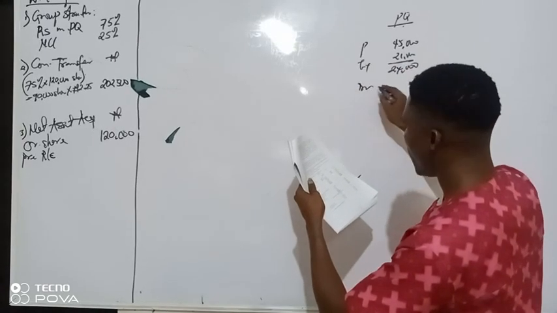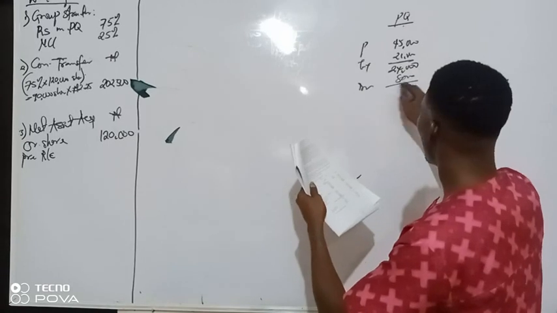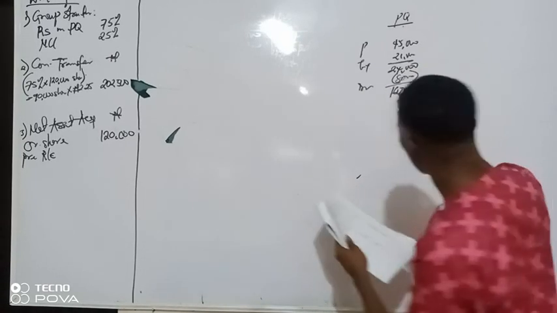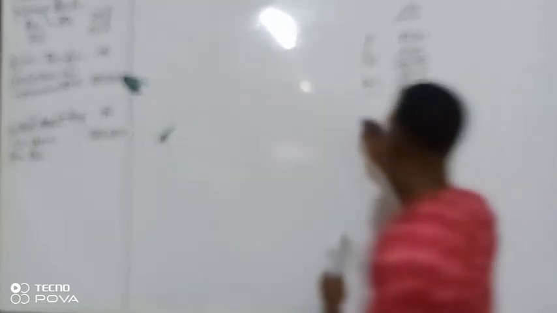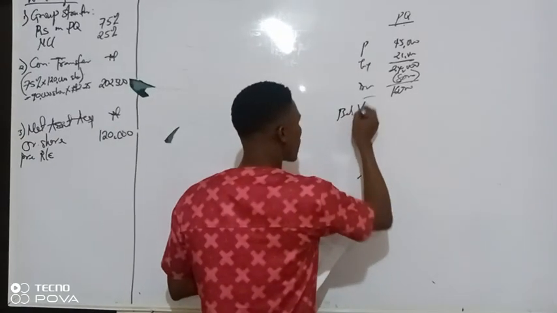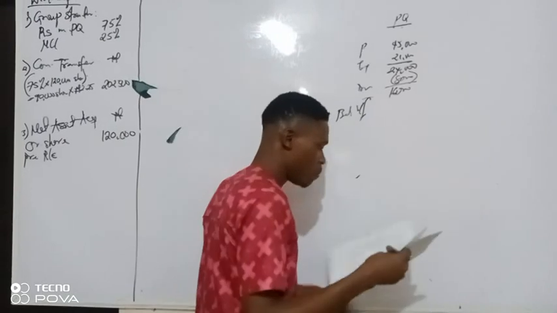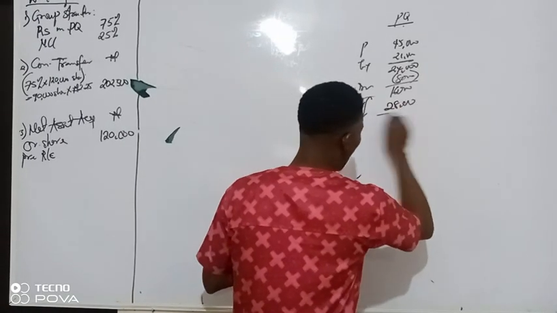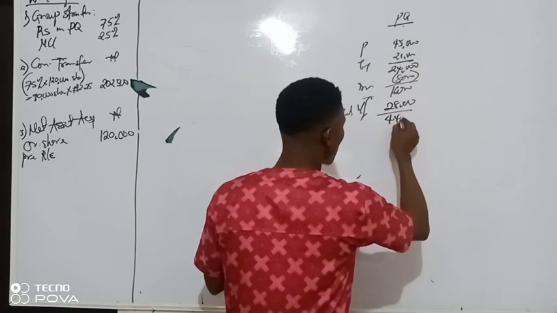You have dividend declared, only 8,000. What remains is 16,000. This is the profit for the year. Then balance brought forward is 28,000. That's the figure.